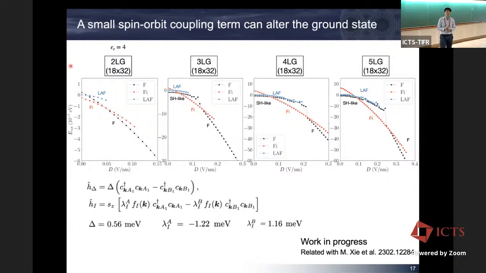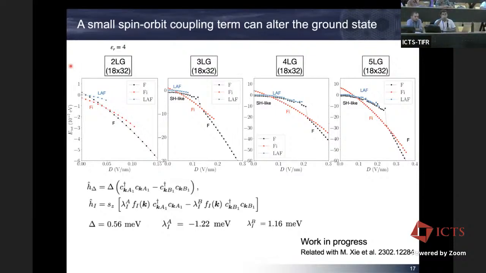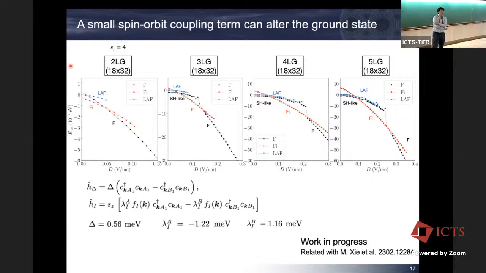So as you change the layer number, the screening constant also will change, right? Yes, strictly speaking, it should. Now, how much it changes, I don't know yet, because that maybe should be calculated ab initio.